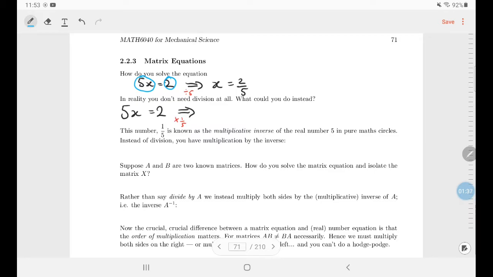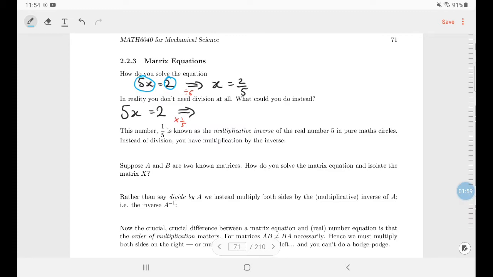And if you take two numbers, 5x and 2, and do the same thing to both of them, you will end up with two new numbers that will still be equal. So 5x and 2 are the same thing. Divide them both by 5, you get two new numbers, x and 2/5, that are also equal. So you end up with x is 2/5.